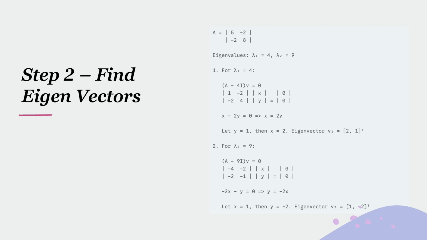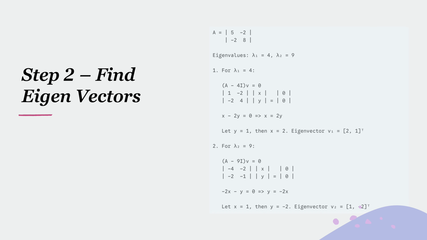So it becomes 1 minus 2, minus 2 4, and we are putting x and y here. Then the first row, 1 minus 2x, you take it as x minus 2y is equal to 0. So here we are substituting y is equal to 1. You can substitute a value to calculate the value of x, right?